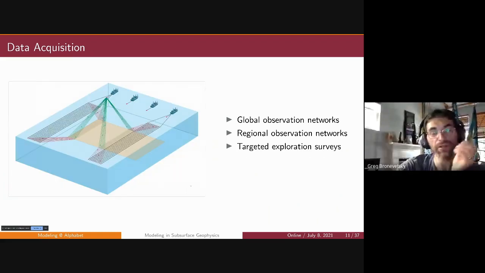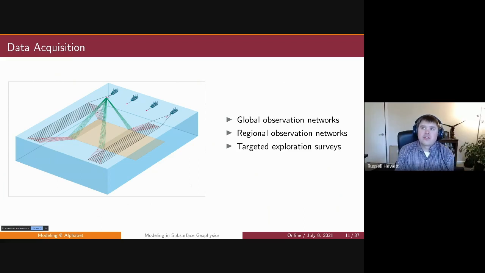Yeah. What's the value of mobile versus fixed? Because I imagine the subsurface doesn't change very much. So once you have a measurement, how long do you even need to wait before the next measurement is useful? So I think you're kind of coming at that from a monitoring perspective.